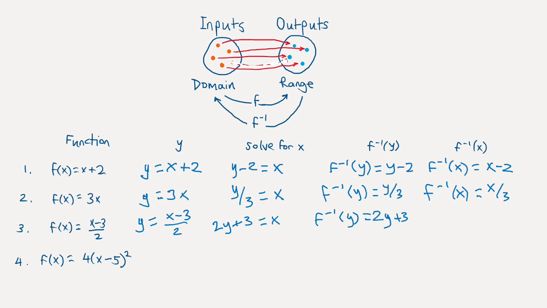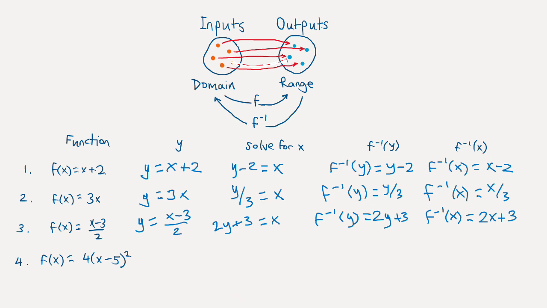If I change the argument so that it's x instead of y, I can write the inverse function as 2x plus 3. And that makes sense, because the original function takes the argument x, subtracts 3, and then divides by 2, whereas the inverse function takes the argument, multiplies by 2, and then adds 3.